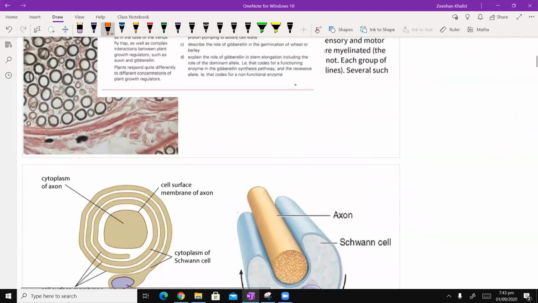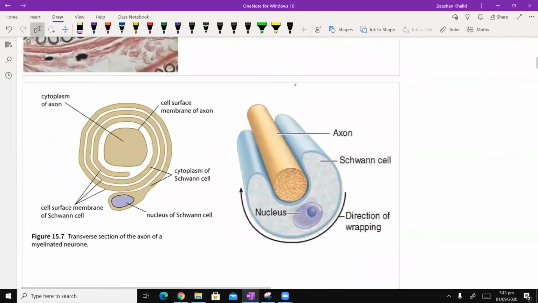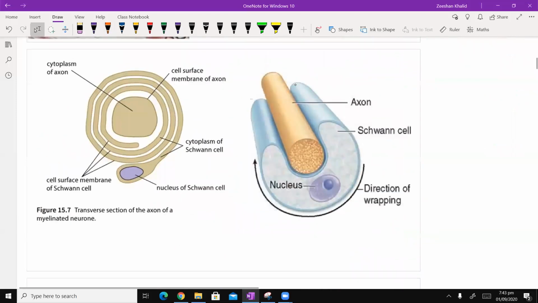Okay, that should make more sense. Look at this diagram. By the way, the left diagram is from your own textbook. This is given on page 332.